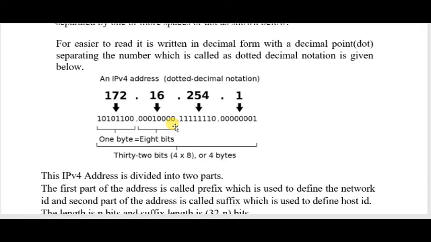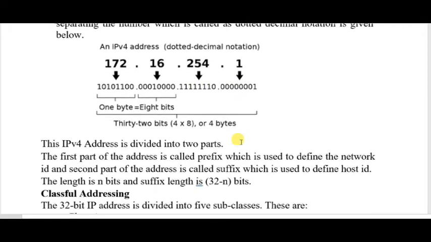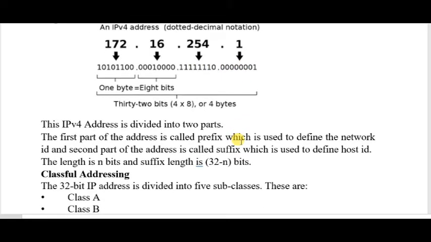That means each part is 8 bits or 1 octet. So an IP address has 4 octets: the first octet, the second octet, the third octet, and the fourth octet.